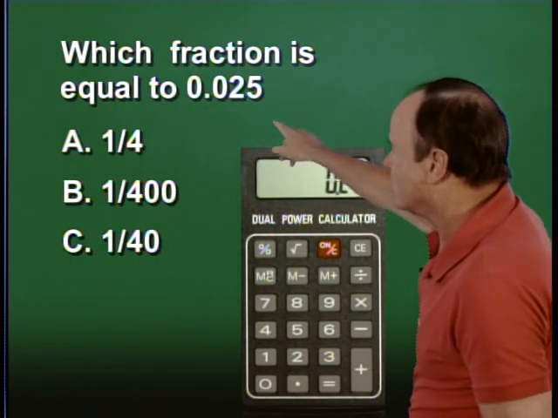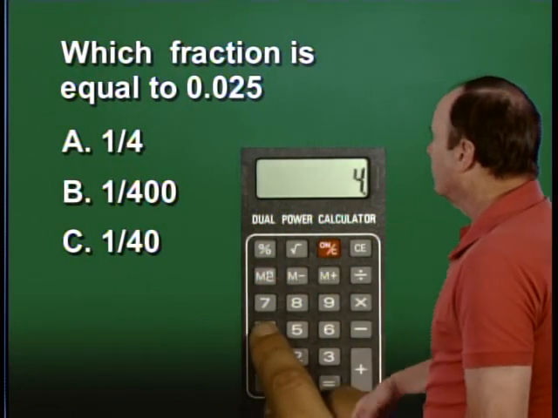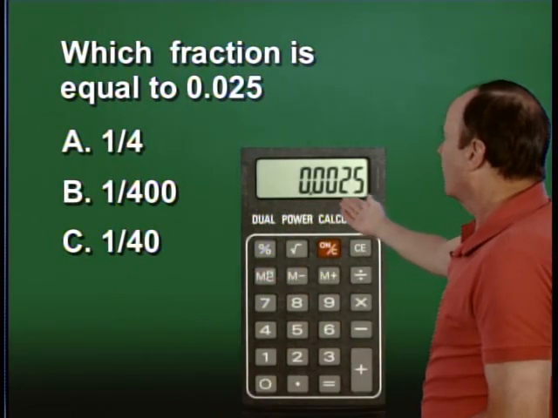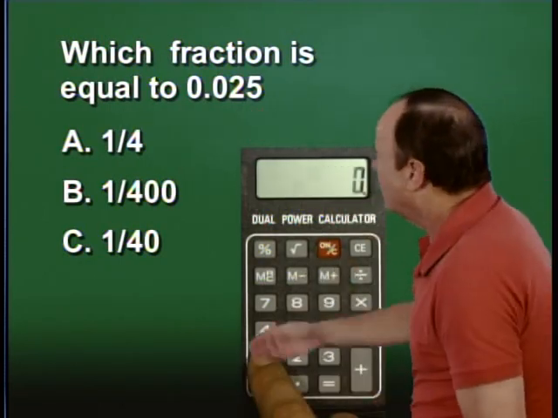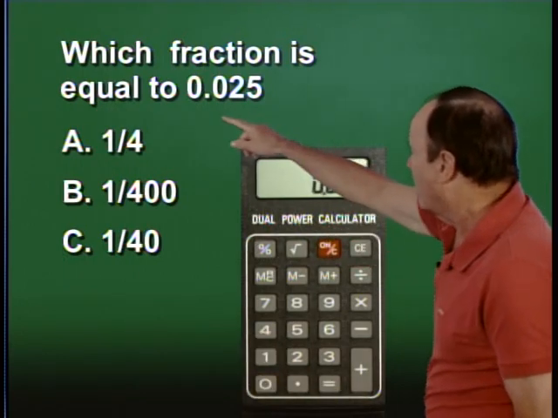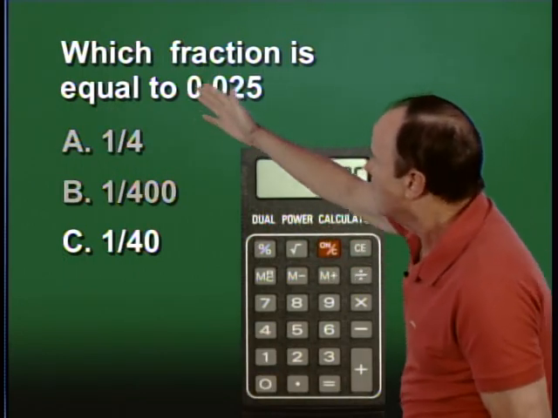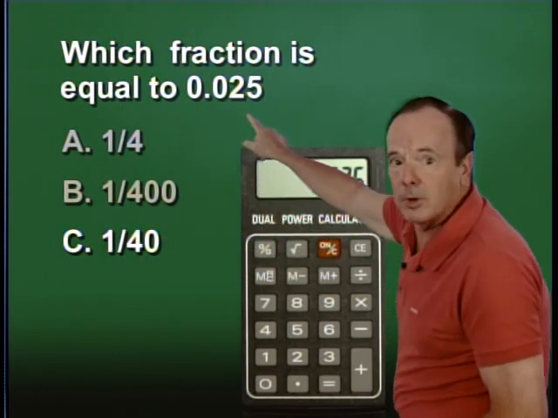Well, it's close, but it's no cigar. So let's do what B tells us to do. And that's 1 divided by 400, and I get 0.0025. Still doesn't work. I'm going to guess that 1 divided by 40 is the answer, so let's do that, and we get 0.025. So the answer is just do what the fraction tells you to do until you get the decimal you're looking for.